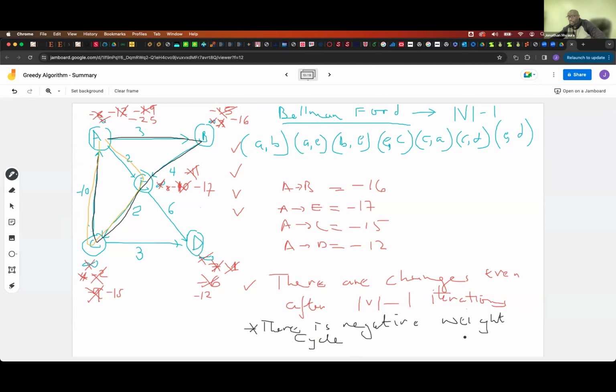Now, with a negative weight cycle, we cannot compute correctly, even using Bellman-Ford, the shortest path of this particular graph, because it has a negative weight cycle.